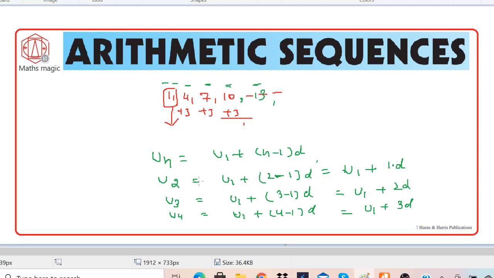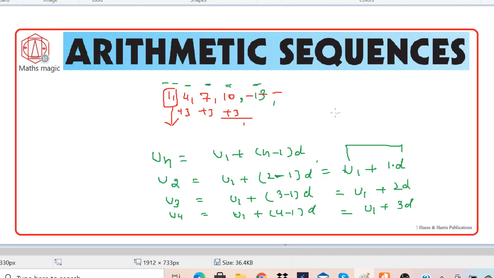If you are having u2, you can directly write the general form of u2 as u1 plus 1d. If you are looking for u3, you can directly write u1 plus 2d. If you're looking for u4, you can directly write u1 plus 3d.